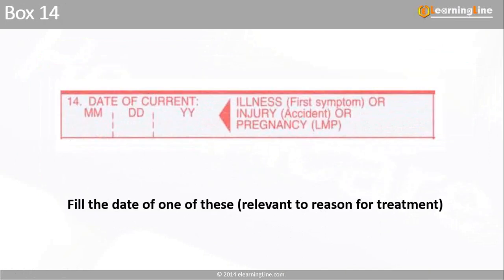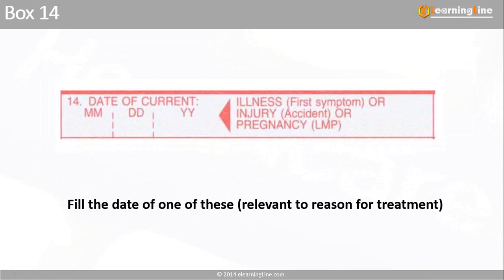Then you have the date of current illness, first symptom, or injury, or pregnancy, which is relevant to the reason for treatment. So if there is a history, you will put the historical date. Now it is talking about what kind of information you have based on the historical data.